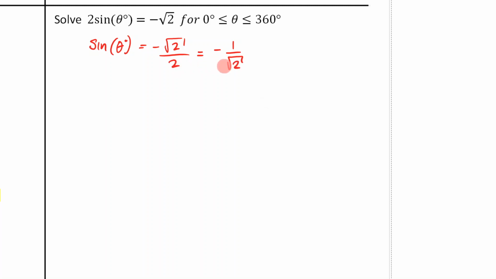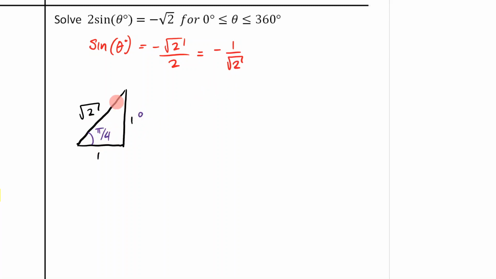Okay, so once we've done that, what we now need to consider is what my reference angle is going to be. To figure that out, you can use your special triangle. We have to realize here that we're not going to use our normal special triangle, but because we've got 1 on the square root of 2, we're going to have to use this one. Hopefully you can realize as soon as you've got this out, it has to be pi on 4, doesn't it?